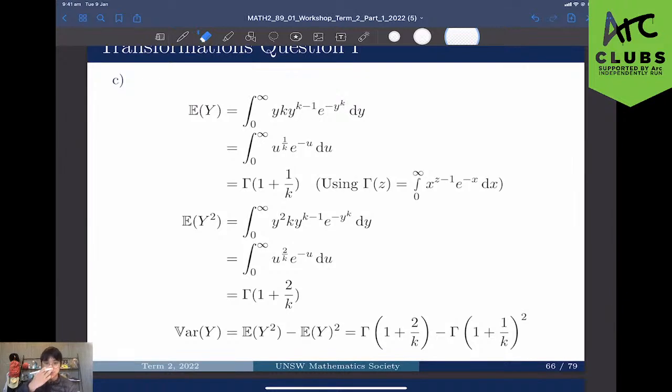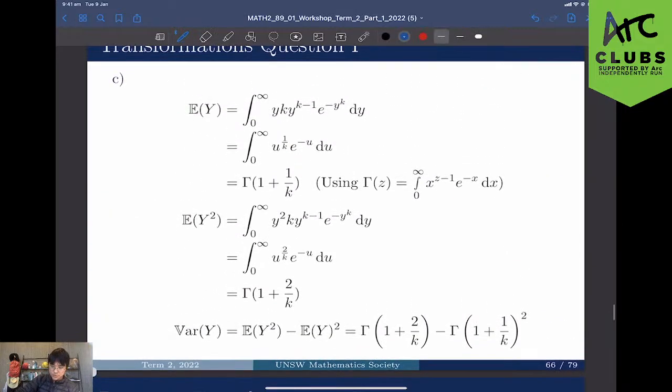Then we make a substitution where we want e to the power of minus u, because that's what the distribution looks like. So that's why we make the substitution u equal to y to the power of k.